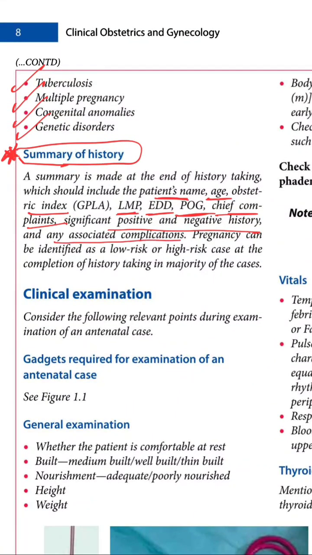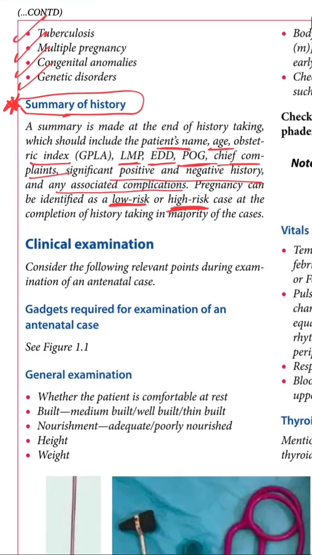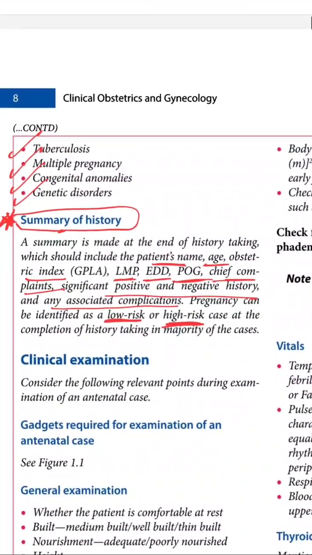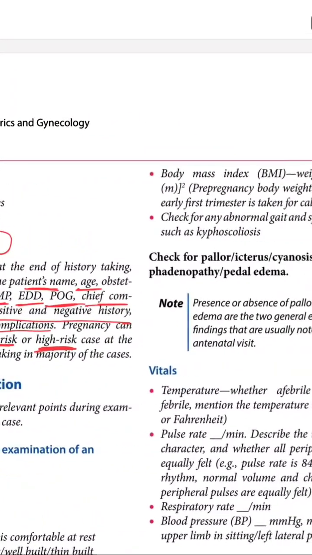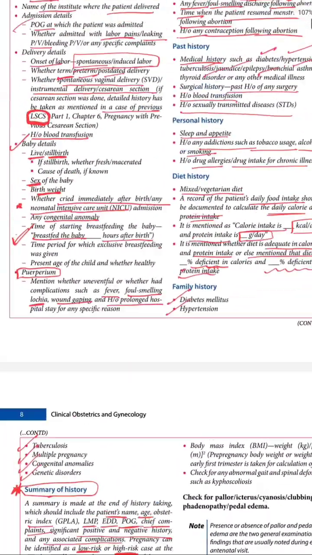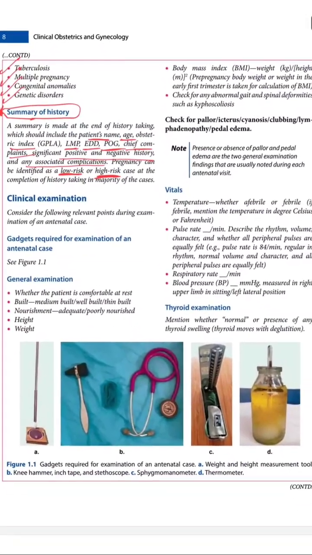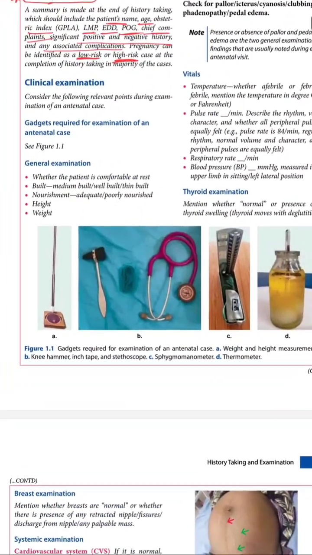Now pregnancy can be identified as either a low risk pregnancy or a high risk pregnancy. And you need to complete the history taking. So this is all about the entire history taking of an obstetric case, okay. So next we'll be moving on to clinical examination.